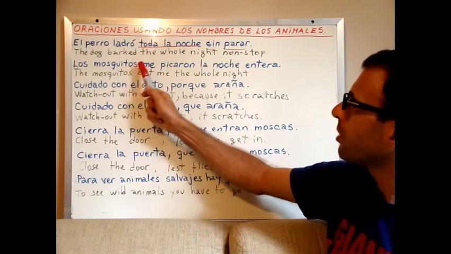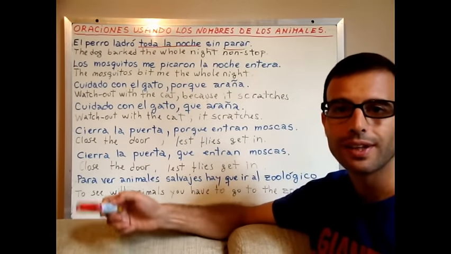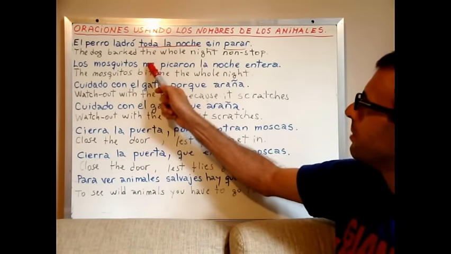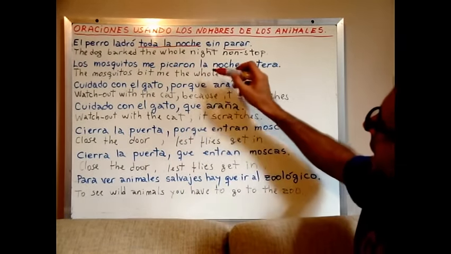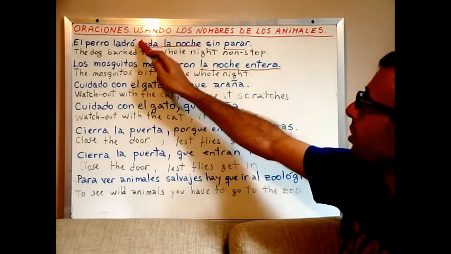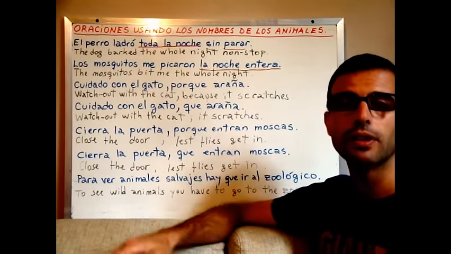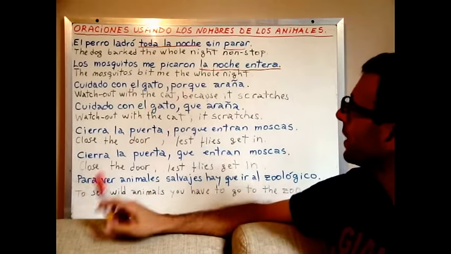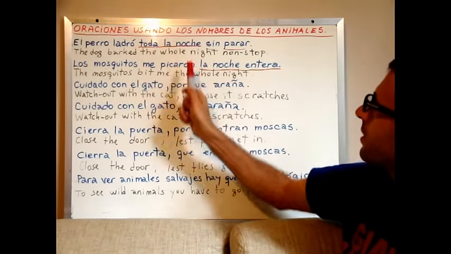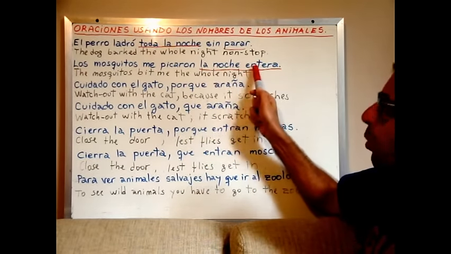Los mosquitos me picaron la noche entera. The mosquitoes bit me the whole night. La noche entera means the same thing as toda la noche, right? So these two phrases are synonyms, and they mean the same thing, the whole night. If we translate this one word by word, this one would be all the night, and this one would be the night full, or the night whole, right?